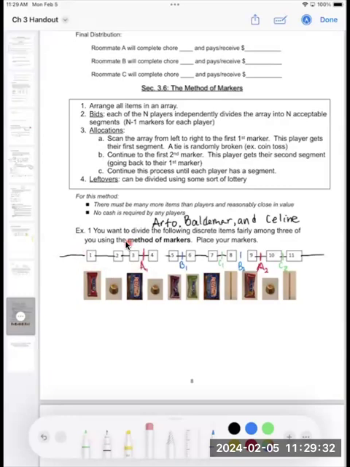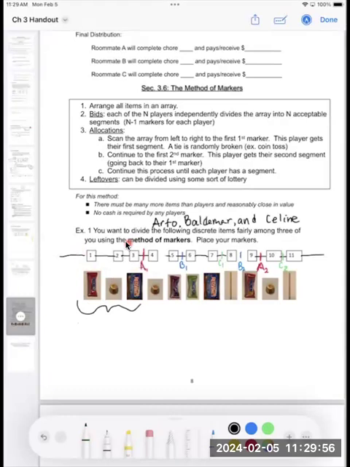So I'll make a note here. This right here, these 3, because Arto put his marker there because he would have accepted items 1 through 3 as a fair share.